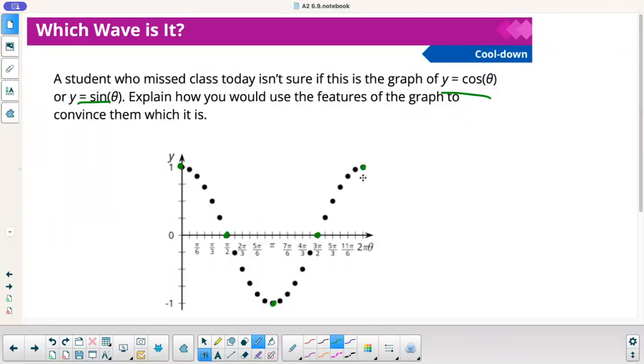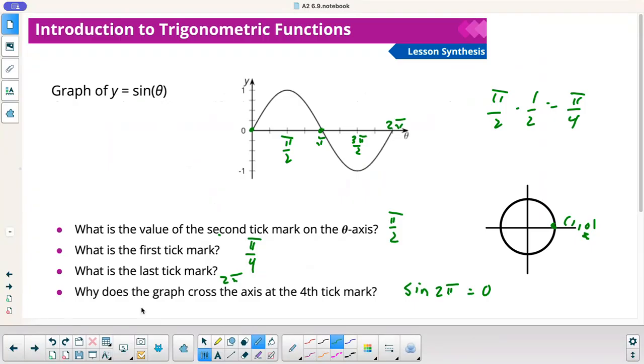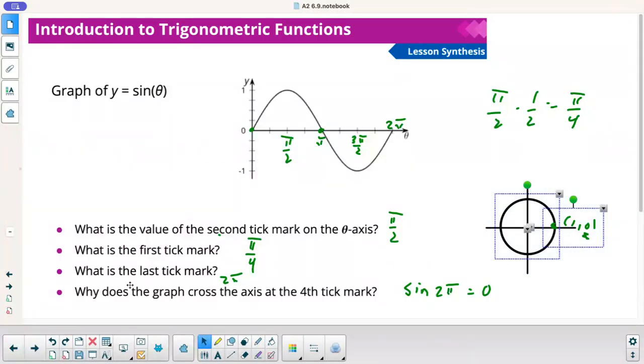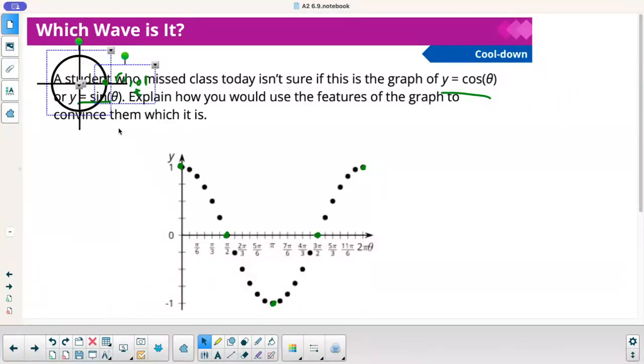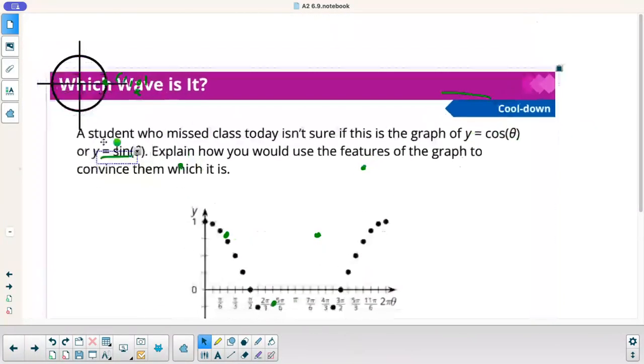And I would say the x-coordinate on the unit circle at 0 degrees. I'm going to go back. I'm going to copy this thing here. Oops.